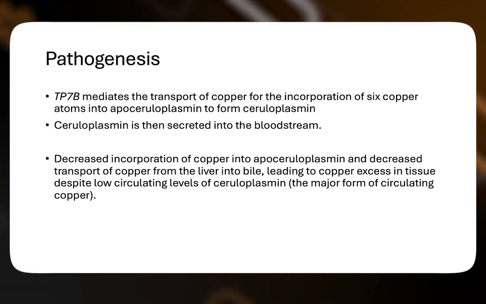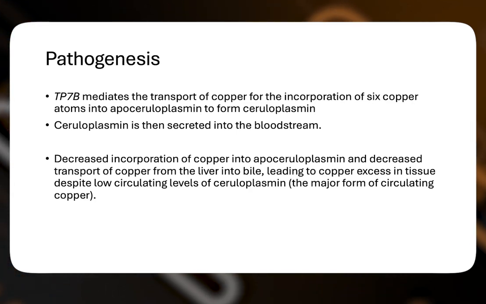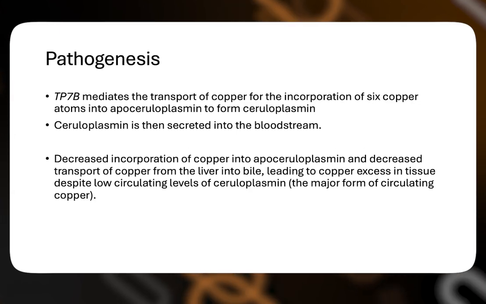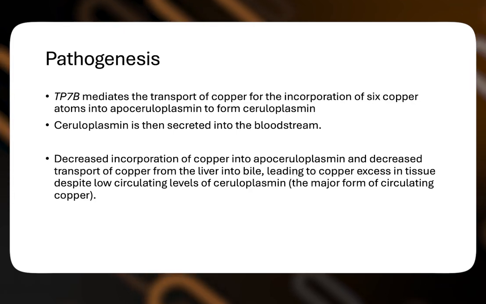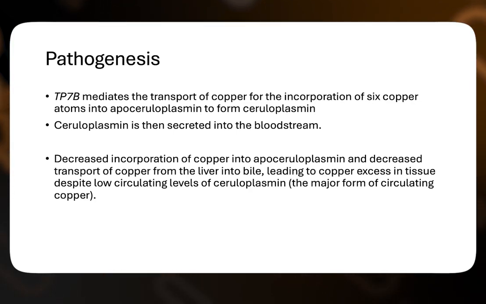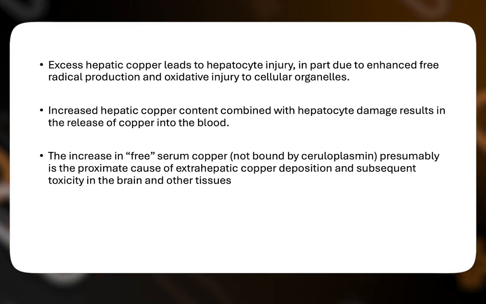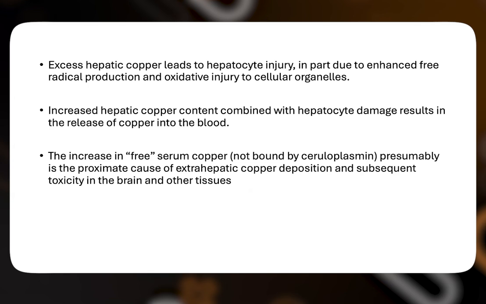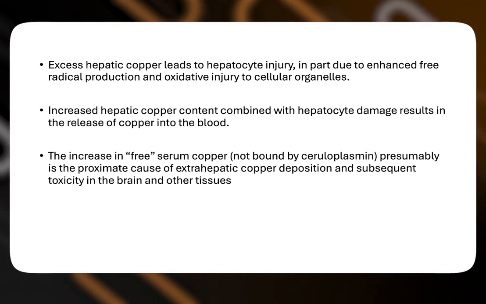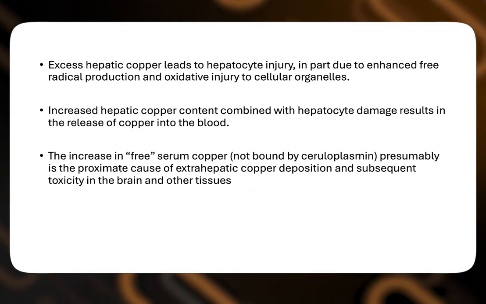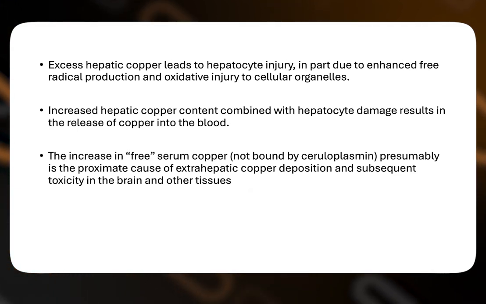When the gene mutation is there, the transport of copper is prevented. If the transport of copper is prevented, apoceruloplasmin cannot be converted into ceruloplasmin, and that leads to excessive copper spillage in the blood. When the copper is in the bloodstream and reaches different organs, mainly the hepatic cells, it leads to hepatocellular injury because of radical production or oxidative injury to cellular organelles.